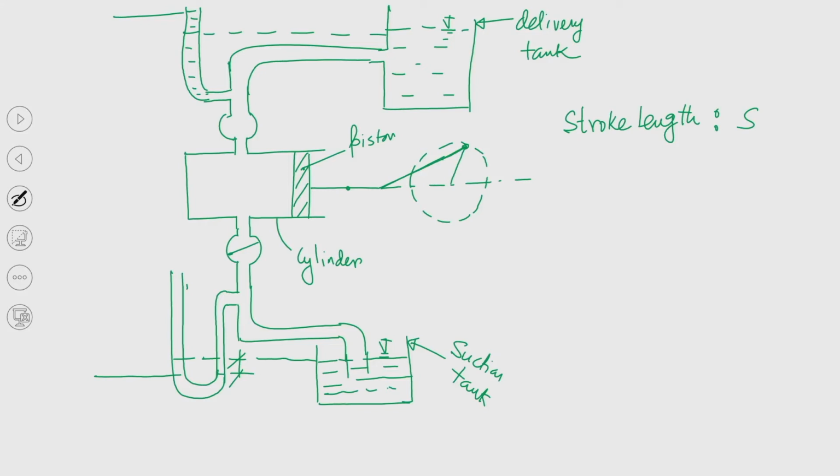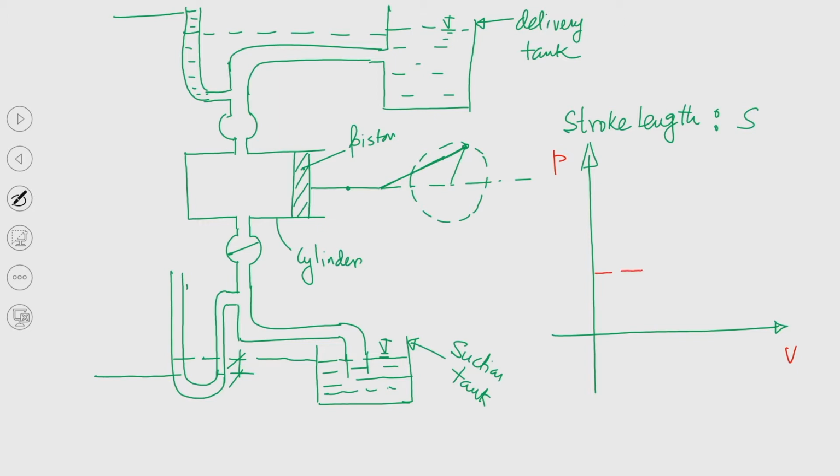And today, if I try to draw the indicator diagram, it will help us to understand the modification which we are looking for. So, this is the volume and this is the pressure.